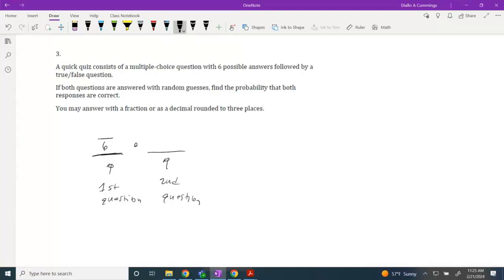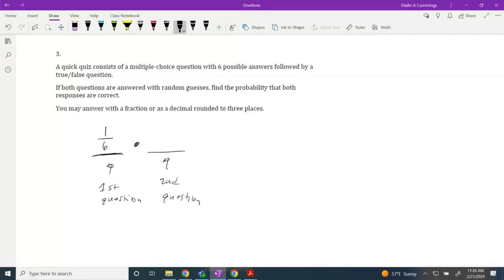Out of those 6 answer choices, how many would be correct? Just one. So the probability of guessing the first answer correctly is 1 out of 6, because there are 6 answer choices and only one of them is correct. So that has a 1/6 probability.